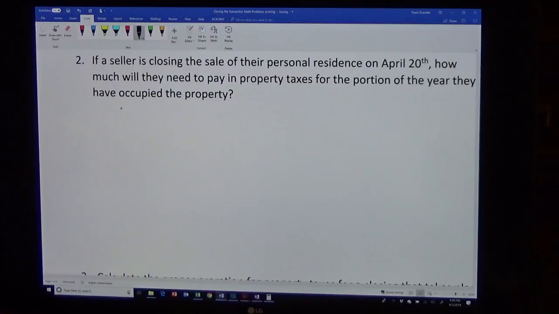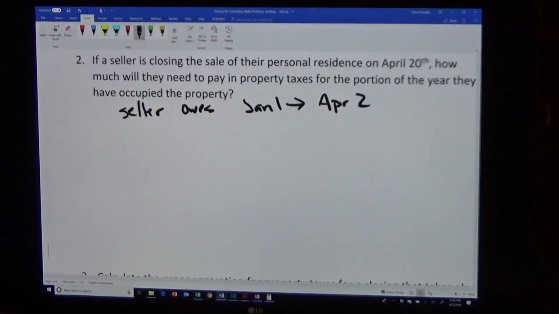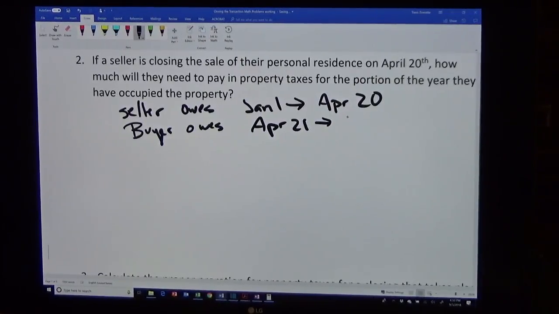We've got to write down seller owes January 1 through April 20th, because that's their day of closing, and of course that means the buyer owes from April 21 through December 30th.